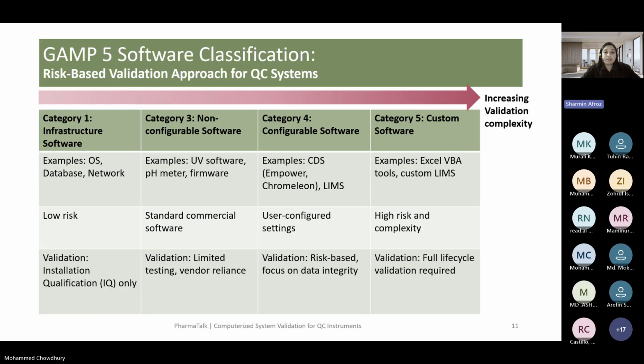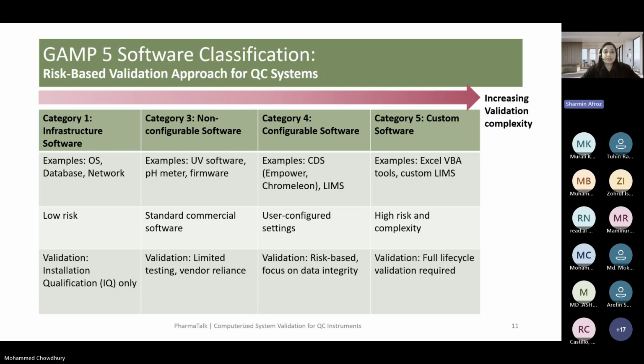Then comes our interest, category 4. It is configurable software like CDS, chromatography data systems, Empower, Chromeleon, LabSolutions, and LIMS. Here, the user can configure settings, so validation becomes risk-based with strong focus on data integrity.